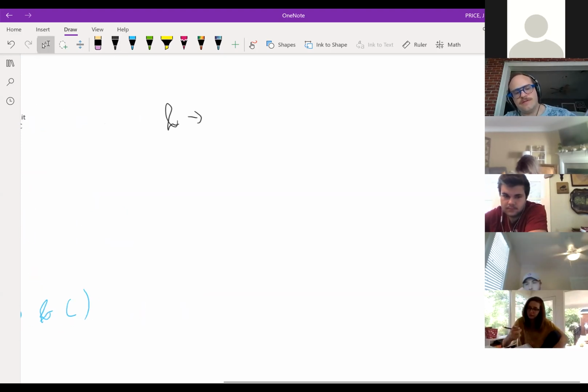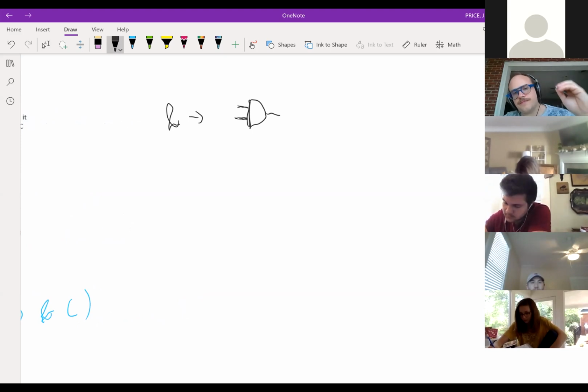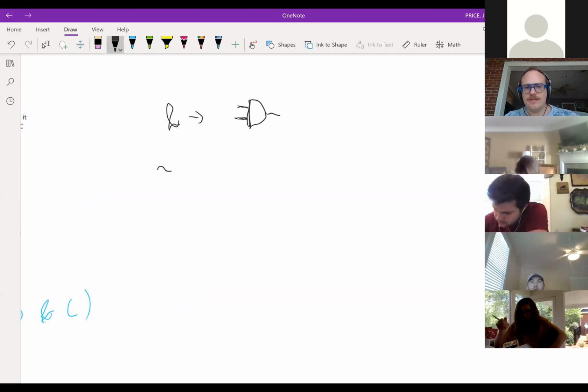So the connective for the logic gate for the conjunction is the AND gate. And that looks like this. And then the NOT gate, I mean, the negation translates to NOT gate, which looks like this.